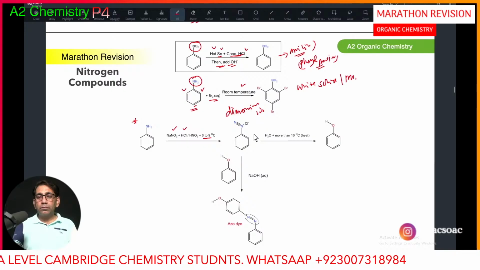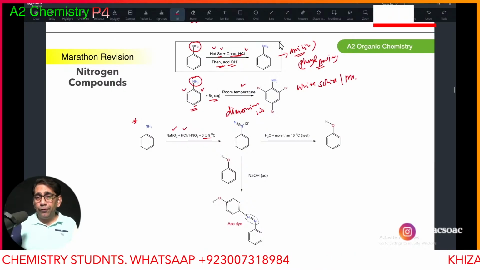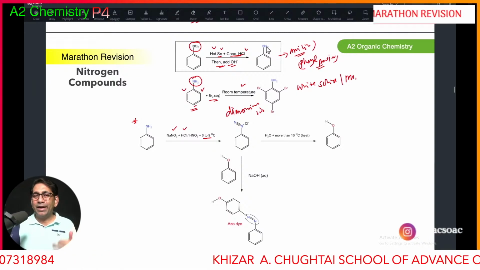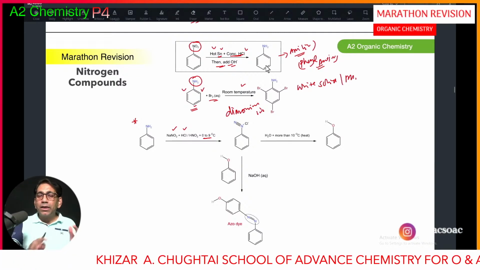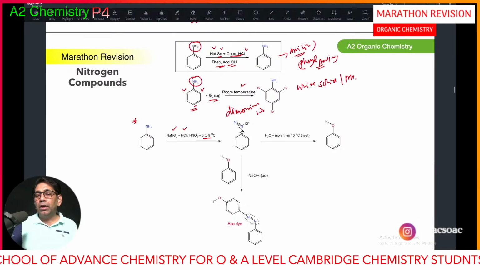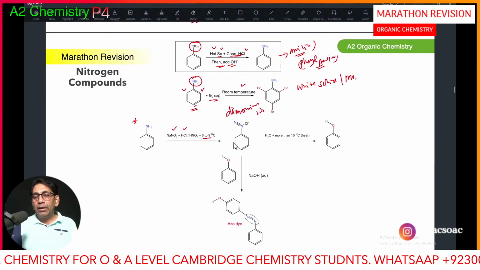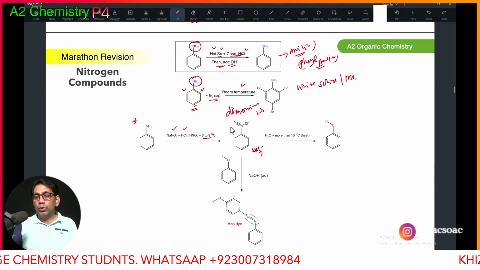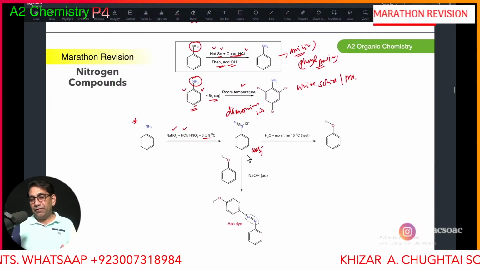This compound, phenylamine, is very important as far as the textile industry is concerned. It can be changed into this diazonium ion or diazonium chloride. That is a salt basically. You can call it a salt as well. So this is the first step for the synthesis of dye.